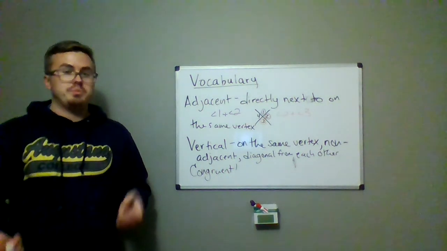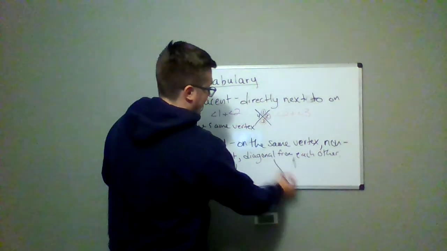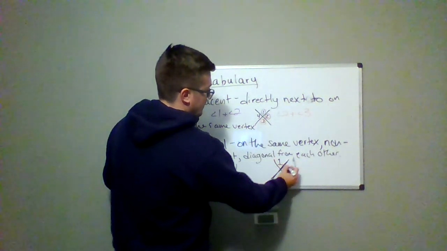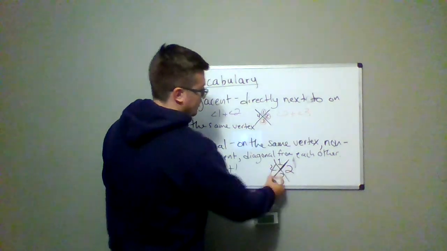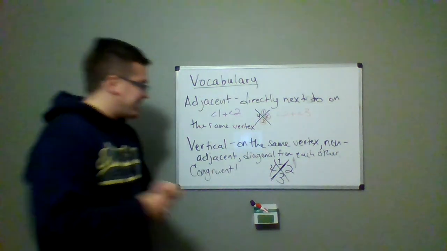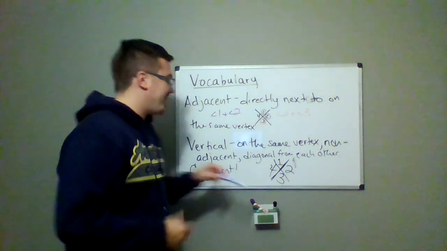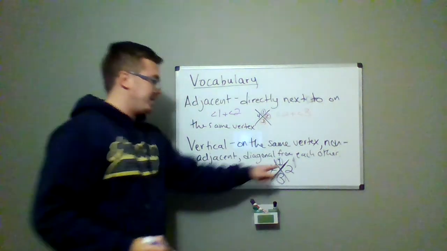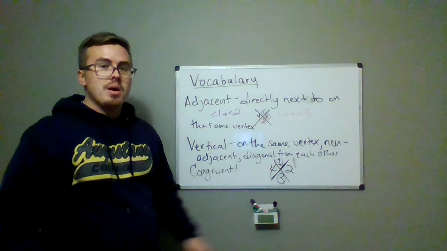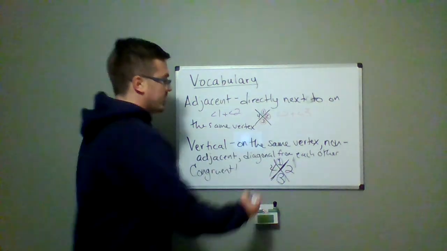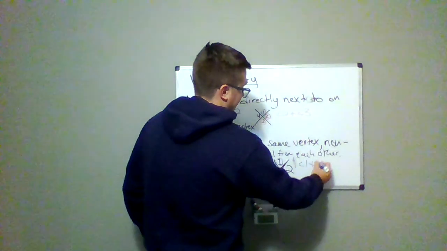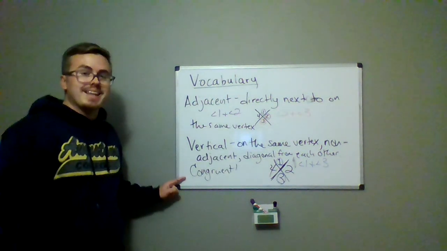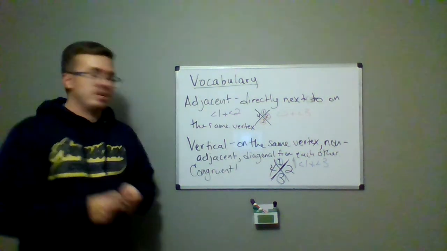And that's huge because that tells us that if we look at a similar diagram to that one up there, and we have 1, 2, 3, 4, angle 1 and 3 are non-adjacent because there's an angle in between, but they're directly across from each other, and angle 1 and angle 3 would be vertical angles, which means that they have to be congruent with each other.